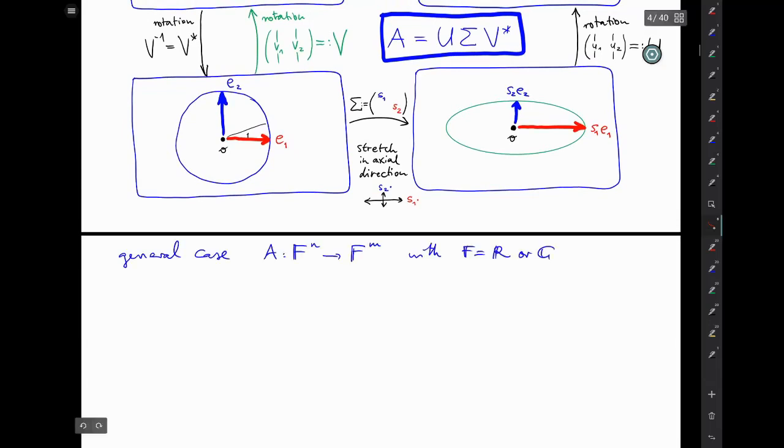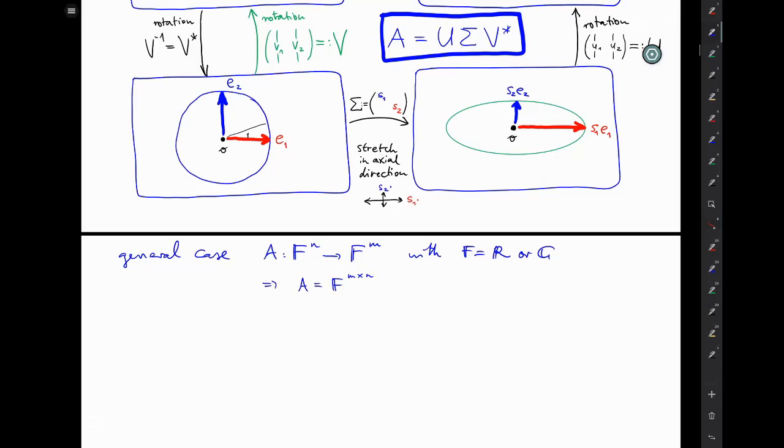Let A be a linear operator from Rn into Rm or from Cn into Cm. Let's try to unify both approaches by writing F for the field that could be the real or the complex numbers. So A can be identified with an m by n matrix with real or complex entries.